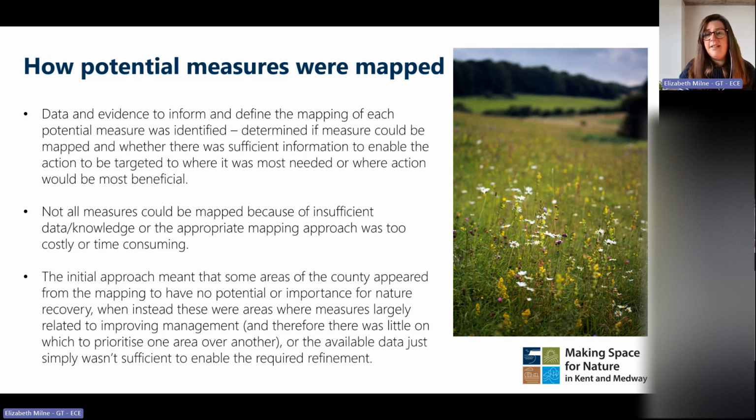Obviously, this was not the case and instead represented areas where measures largely related to improving management. And in these cases, there was little on which to prioritise one management area over another, and so it was not mapped. Or in some cases, we just didn't have sufficient data to enable the required refinement of that. But when we took these maps to stakeholders, they understandably viewed this as problematic and felt it misrepresented the actual value of these areas to nature recovery.